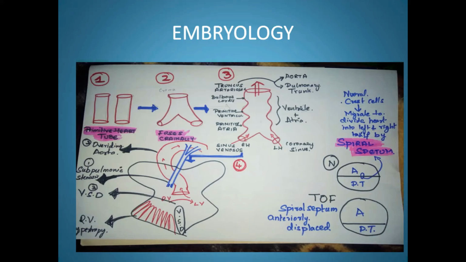Blood enters the heart through the sinus venosus and leaves through the truncus arteriosus. Further components proliferate and develop into the ventricles and atria later on.